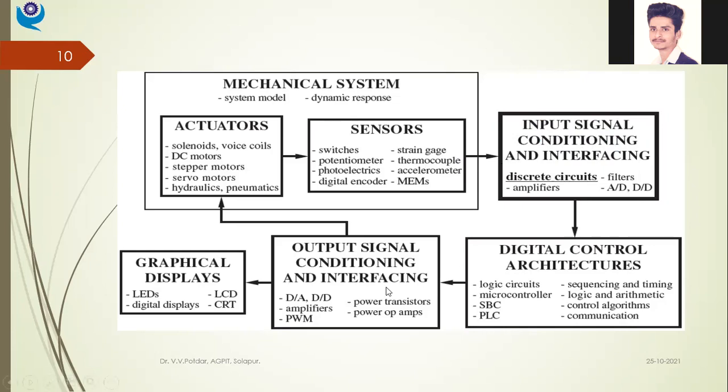I need to filter, remove the noise signal out of it. Filtering work it has to do, or it needs to convert the analog signal into some digital form, A to D conversion. So these input signal conditioning devices receive the signals from sensors and transducers, and process them in such a way that they will be suitable for the controller.